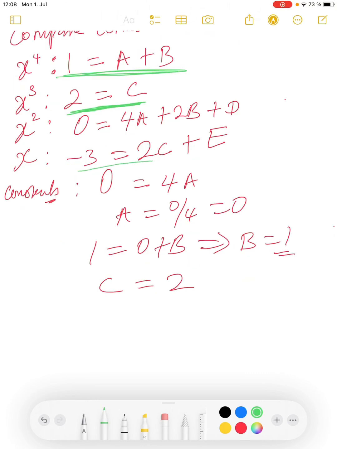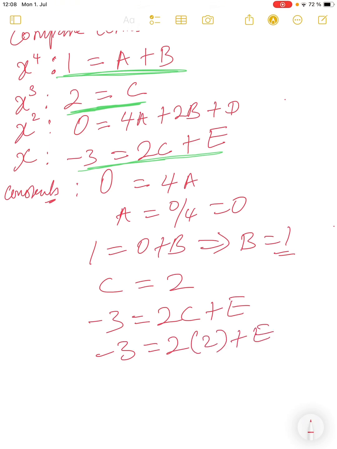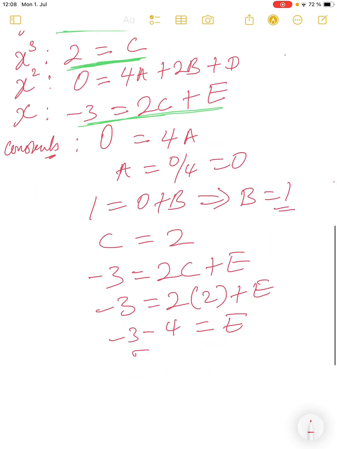And from this particular equation, we can say minus 3 equal to 2c plus e. Minus 3 equals 2 times our c, which is 2, plus e. So minus 3 minus 4 equals e. So our e is equal to minus 7.